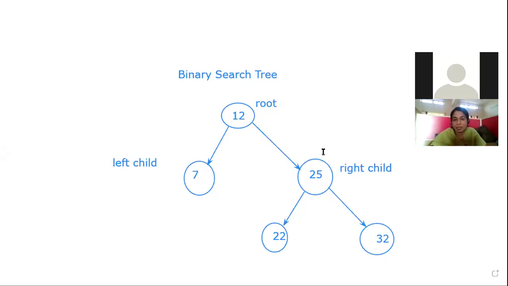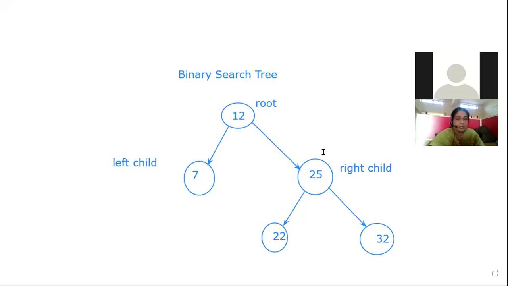In every deletion and in every insertion, this condition will be evaluated or checked. That is, always at any time the property of the binary search tree should be satisfied. Okay, so I have shown the insertion here.